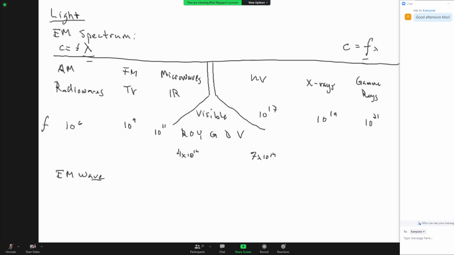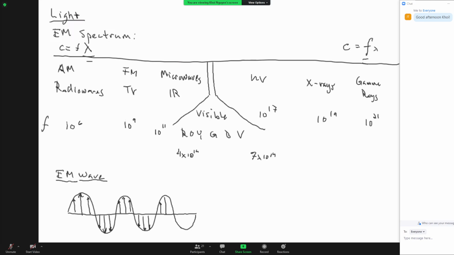So the E&M wave has both an electric field component and a magnetic field component. We're going to draw both. So this is your electric field.